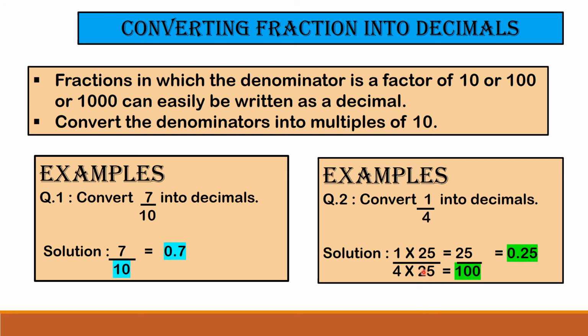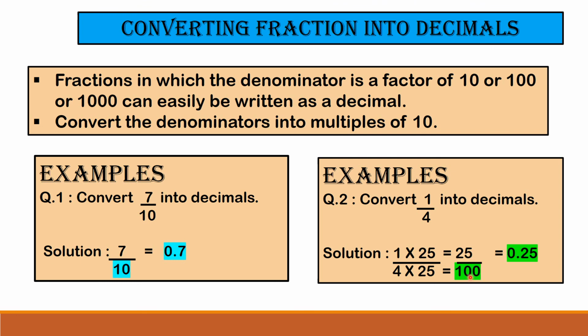You know 25 fours are 100. So if you multiply anything in the denominator, you have to multiply the same thing in the numerator also. So 4 into 25, you will have to do 1 into 25 also. So 1 into 25 is 25 and 4 into 25 is 100. So you get 25 by 100.